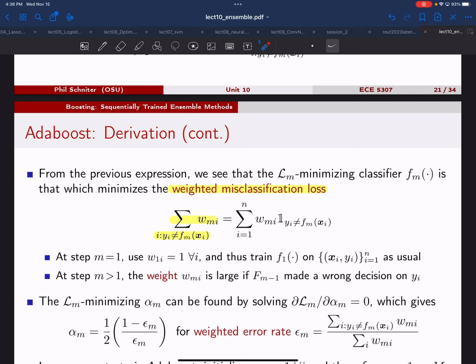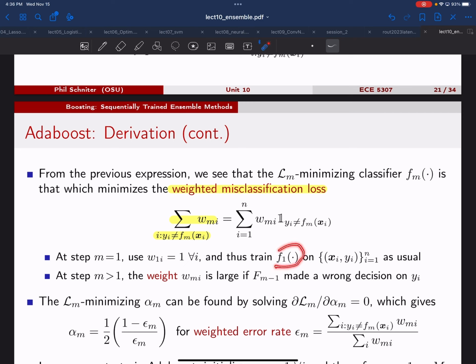So at the very first step, we would set all the weights to 1. So we just want to minimize classification error, and we can do that. We saw Monday a way, given a generic loss and a top-down tree design, that you can just split at every layer to minimize that loss, and so that's exactly the procedure you would follow here to train really any of these predictors.